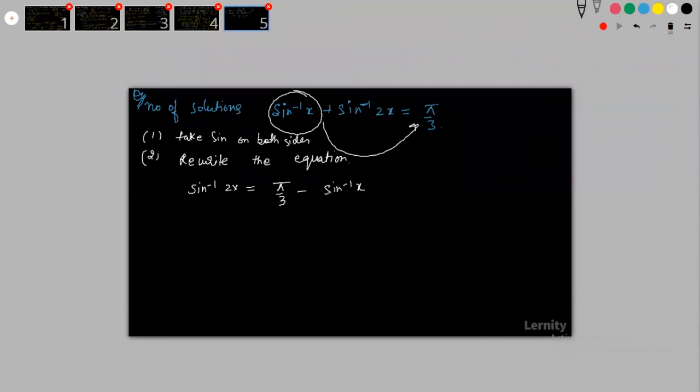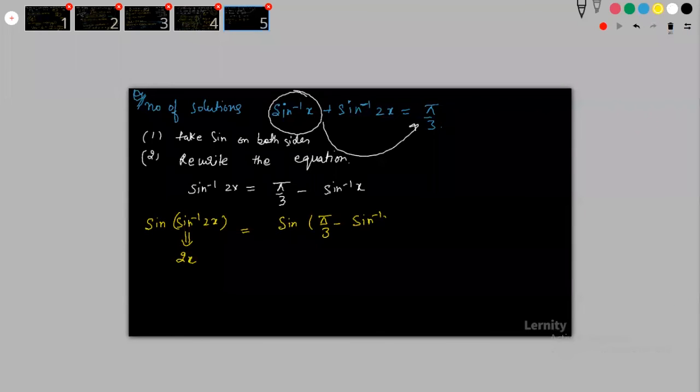Now I can take sine on both sides. So this will be sine of sine inverse of 2x, which simply gets converted into 2x, is equal to sine of pi by 3 minus sine inverse of x.